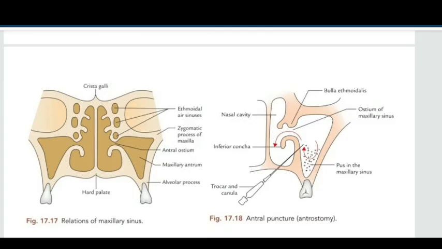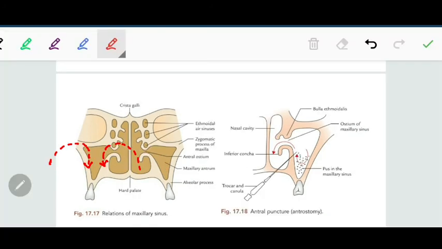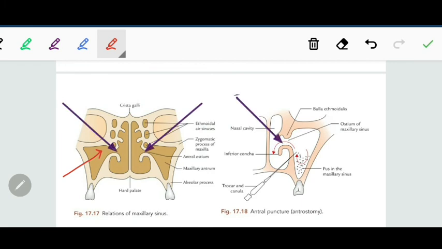Now regarding the drainage of the maxillary sinus, the opening of this sinus is unfortunately located in the upper part of the lateral wall of the nose, which is a disadvantageous site for natural drainage. So surgically maxillary sinus is drained in the following two ways. Number 1, antral puncture.